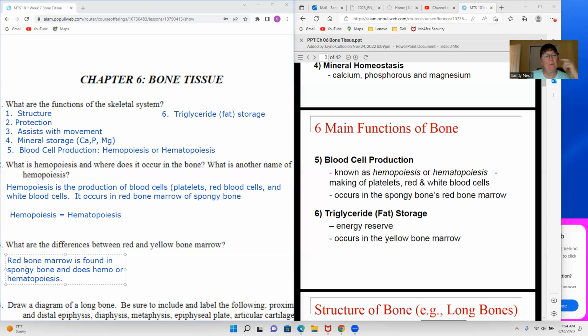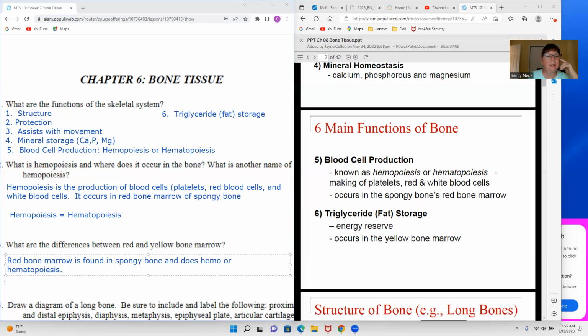And let's be even more specific. Yeah, that's good. It's found in red bone marrow. And we should know that spongy bone is found at the ends of long bones and in between the flat bones.